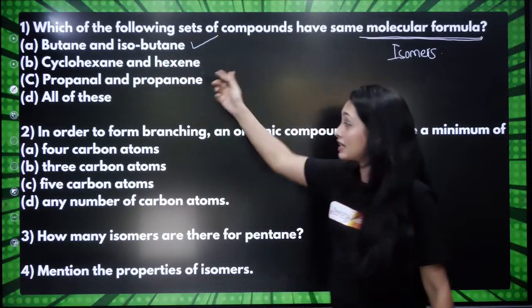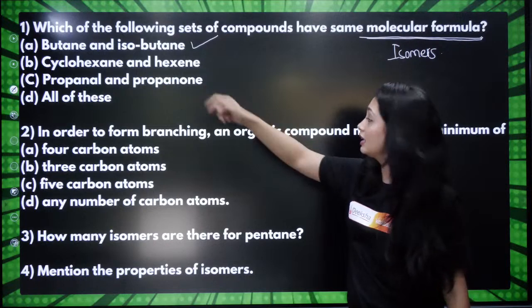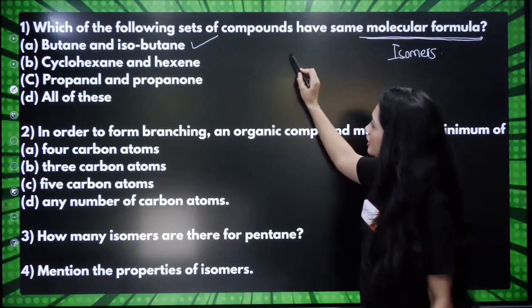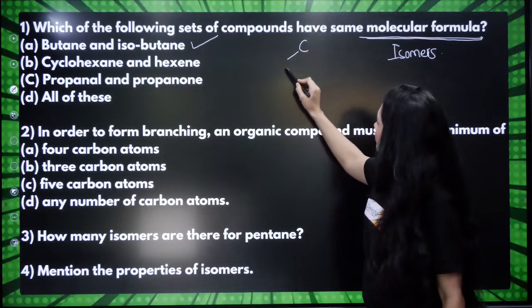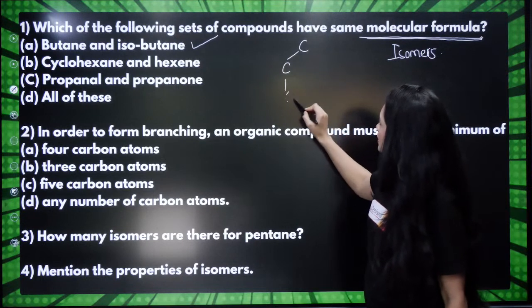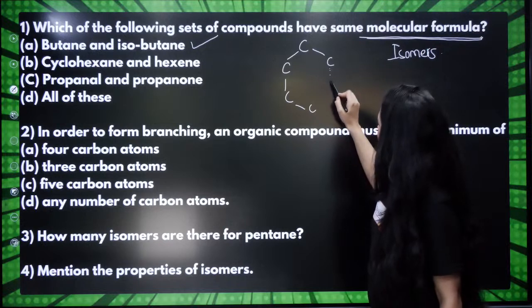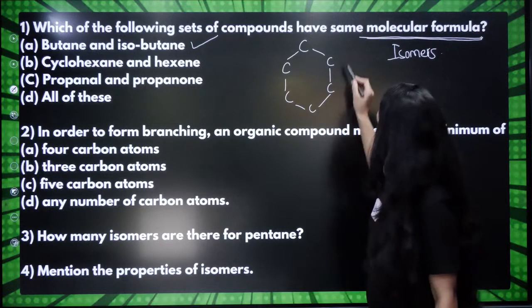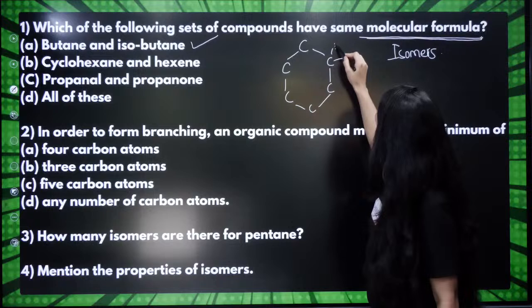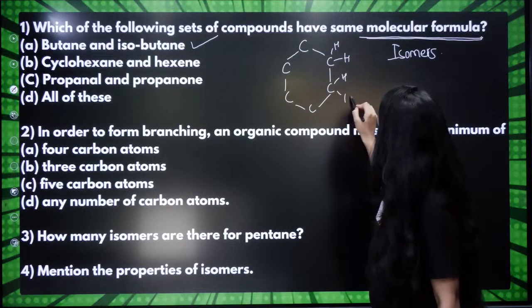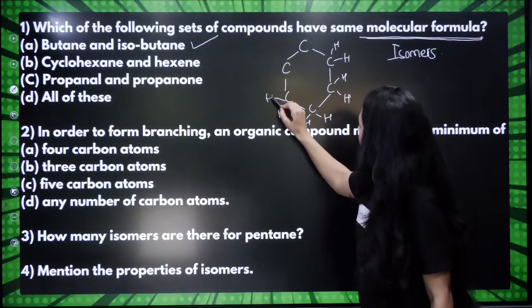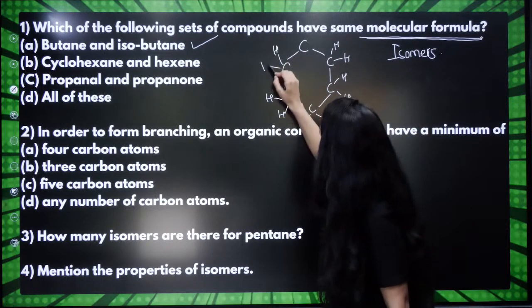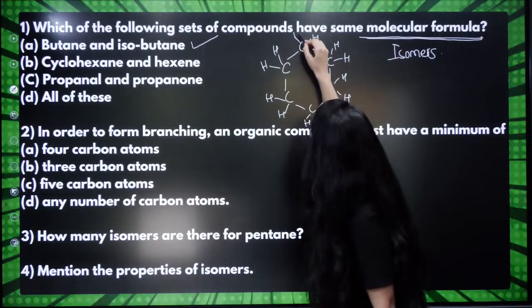Cyclohexane and hexene, does it have the same molecular formula? Let's see. See here, cyclohexane. Cyclohexane means 6 carbon atoms will be there. Hydrogen, 12 hydrogen atoms. Hexa means 6. See, you shouldn't be too eager to jump to the answer.